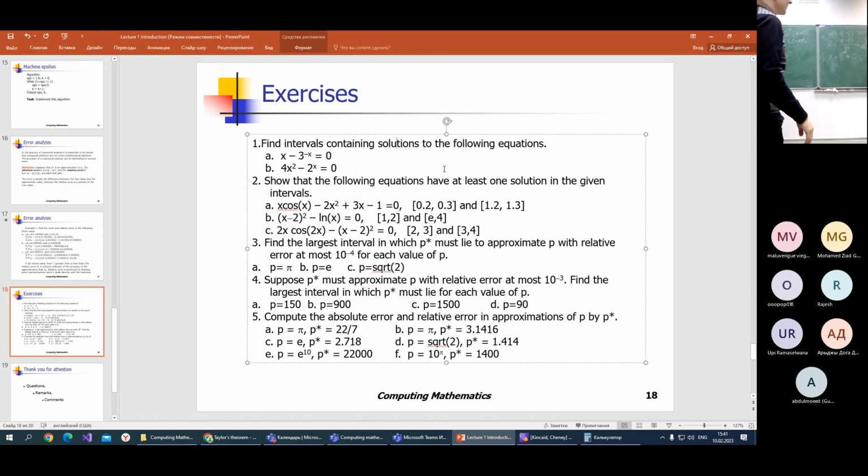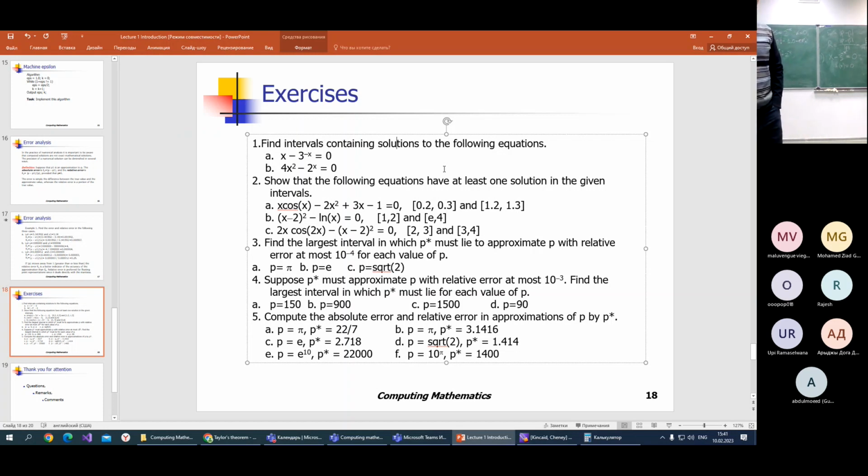Well, also, if we consider this problem in general, this is some function, f of x equals 0, right? F of x equals x minus 3 power minus x.